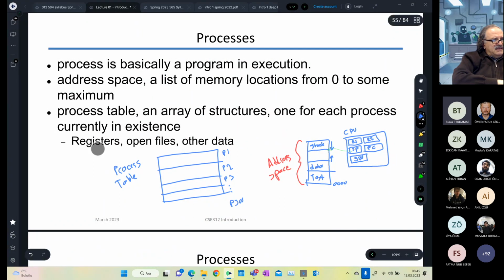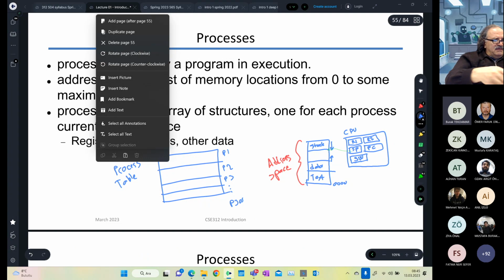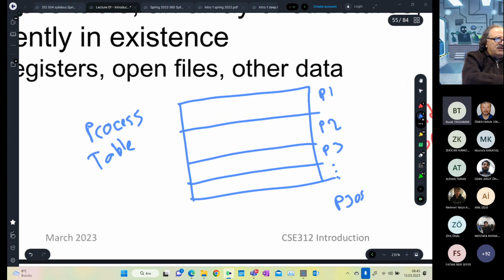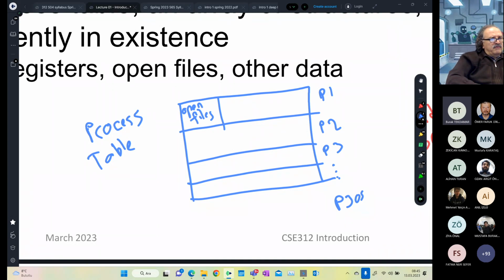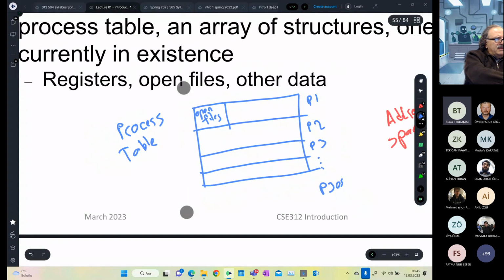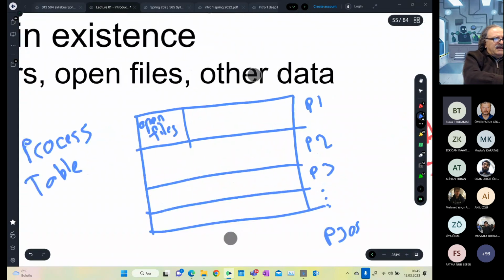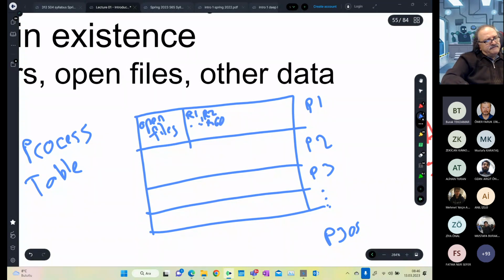But the thing is this: inside the process table, I understand that you keep your open files, because each process has its own open files and so on. But how about these registers? The slide says that I have some space for the registers, R1, R2, up to R64, whatever.